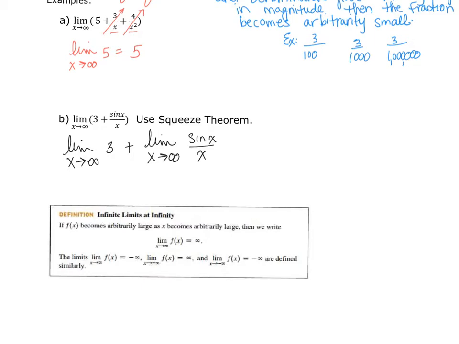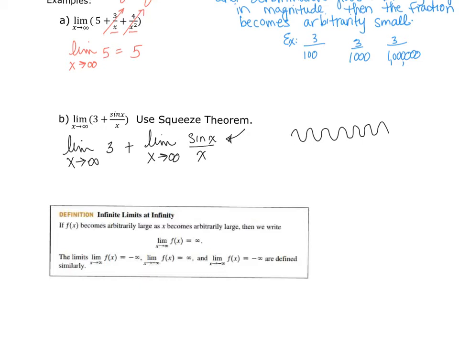But remember, we said that the numerator had to remain relatively constant. And in this case, as x gets larger and larger, we know sine oscillates between -1 and 1. So even though our x value is getting arbitrarily large, we can't say that the fraction itself goes to 0 because our numerator is not staying constant.